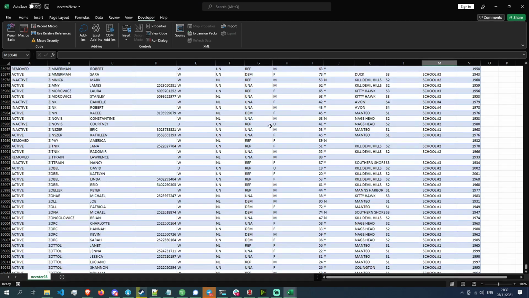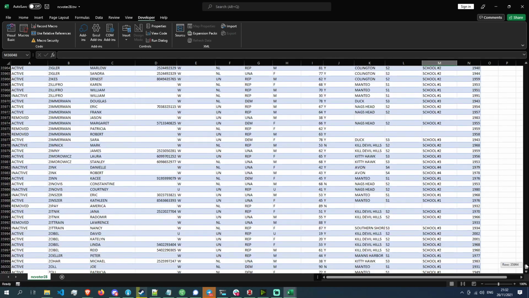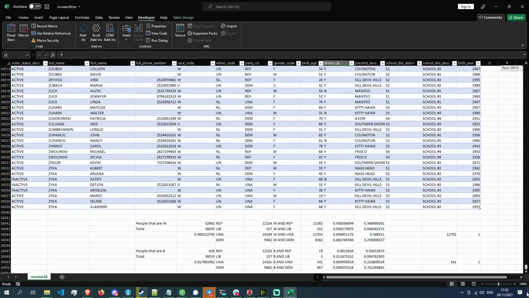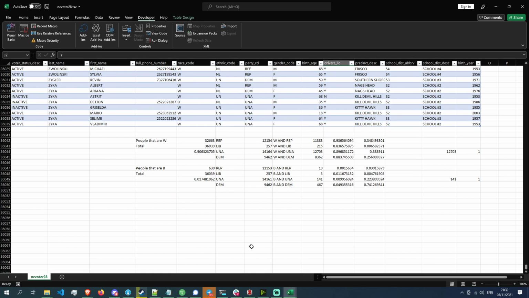Now you might remember I actually kept one of these things here, driver's license. Does anyone want to know why I kept driver's license? Ooh, that way you can know who can drive places. Correct, but incorrect.